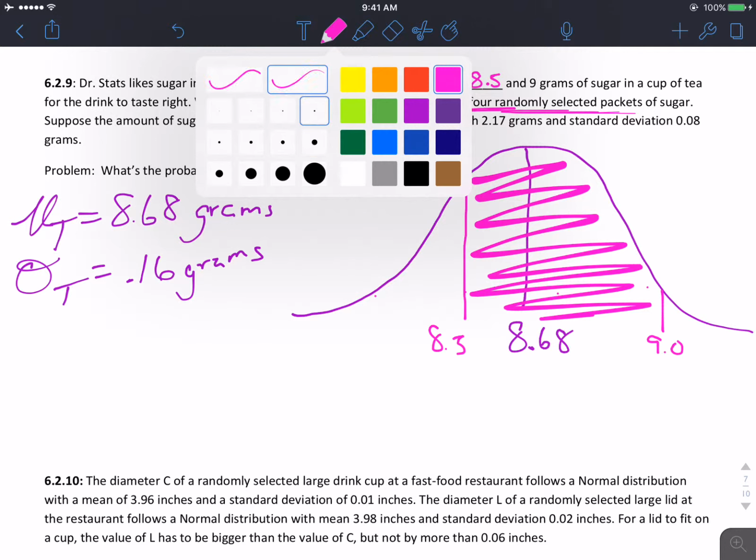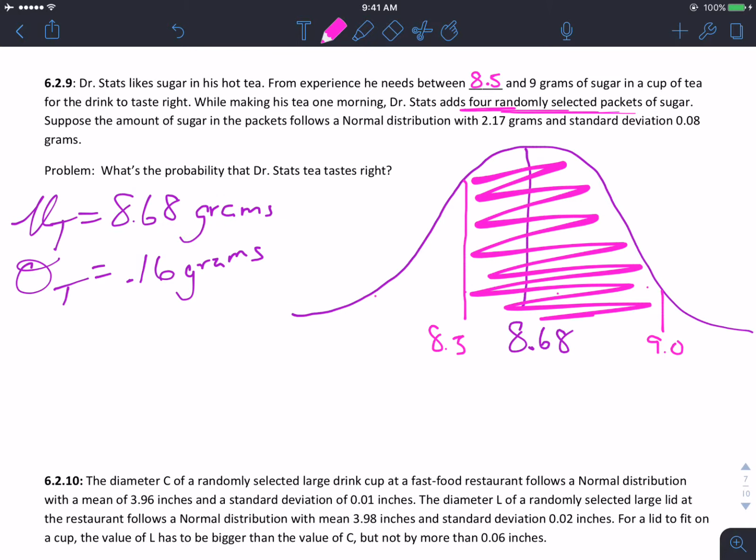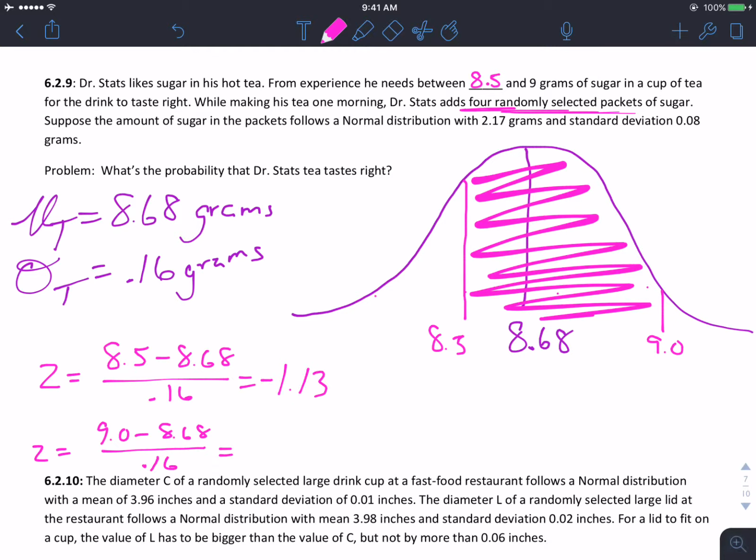So what we need to do is find a z-score, and then turn those z-scores into a probability.